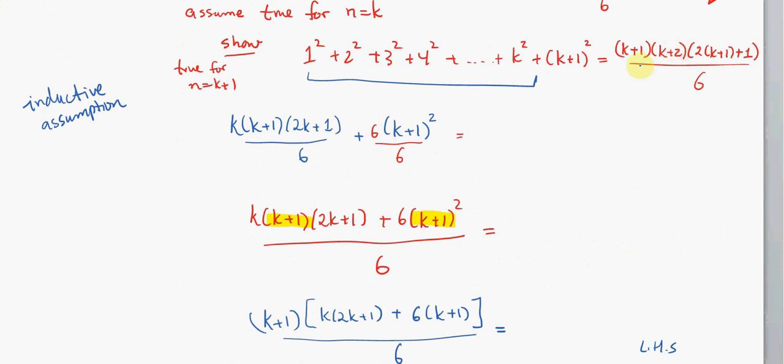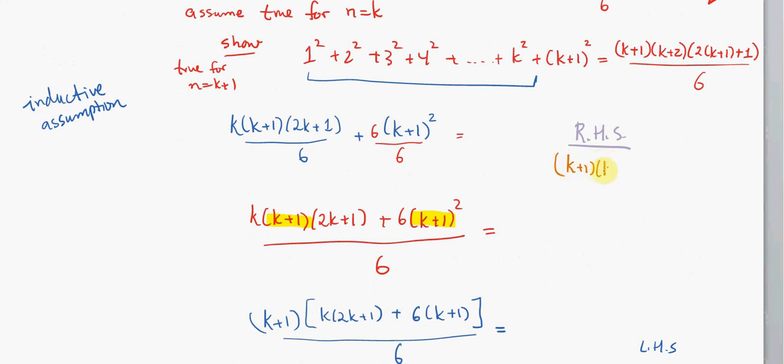So if we take the right-hand side, and I'm sorry that this is a little bit messier than I wanted it to be, let's just work on the right-hand side a little bit. We have a k plus 1 already.